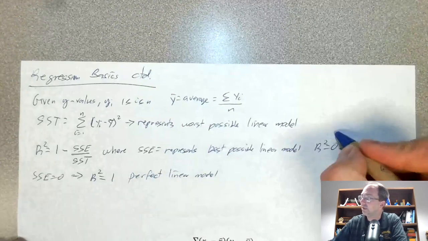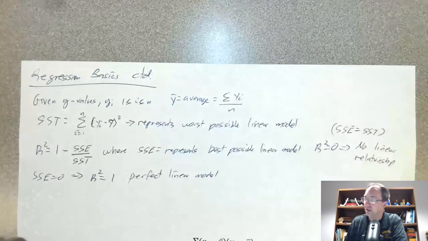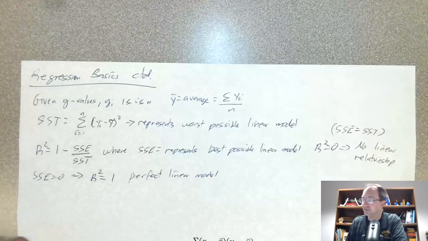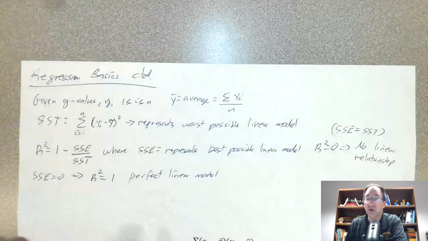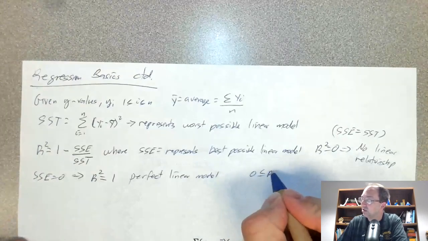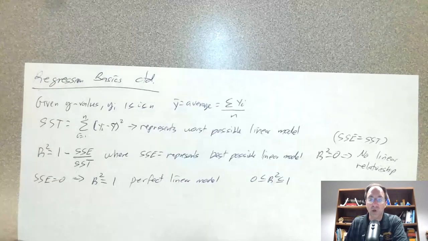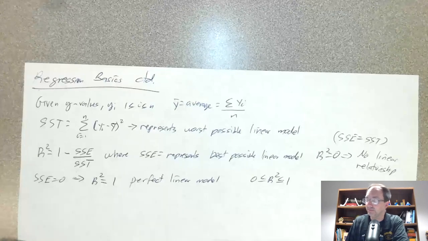Just to make sure we're clear, this represents when SSE equals SST, and this represents when SSE is equal to 0, a perfect linear model. And what that tells us, because it's a proportion, is that R squared is always between 0 and 1. Most likely you're not going to have either extreme; it's going to be somewhere in between. But the closer to 1, the better.